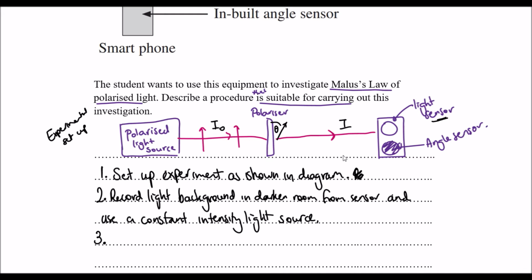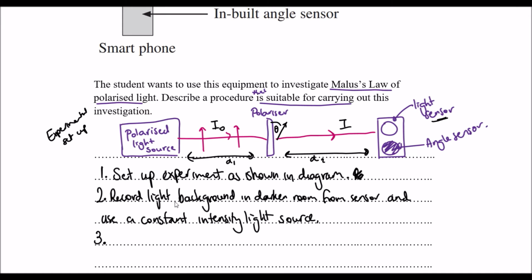Number 3, we want to also make sure the distance between the light source and the polarizers stays the same throughout the experiment. Again, this is about validity. And we also want to make sure that we start off at probably the maximum light intensity.